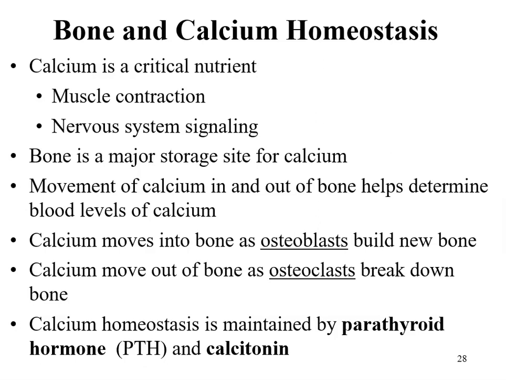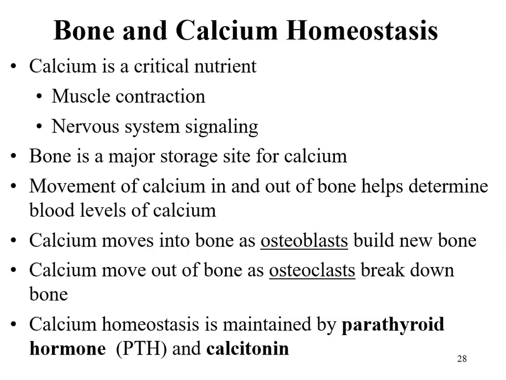Calcium ions are also critical for signaling cells to release certain chemicals. The nervous system relies on this for neurons to signal other neurons. So without the correct level of calcium ions, the nervous system would be unable to function.